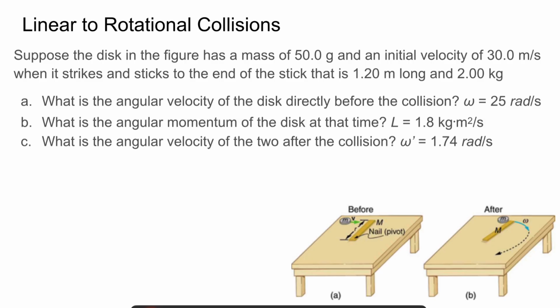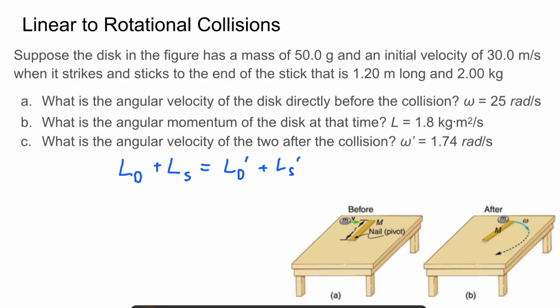So collisions in rotational motion work very similarly to collisions in translational motion. Meaning that if we take our angular momentum for our first object, in this case the disk, and add to that our initial angular momentum for the second object, in this case I'll call it the stick, that's going to equal our final angular momentum for the disk plus the final angular momentum of our stick.